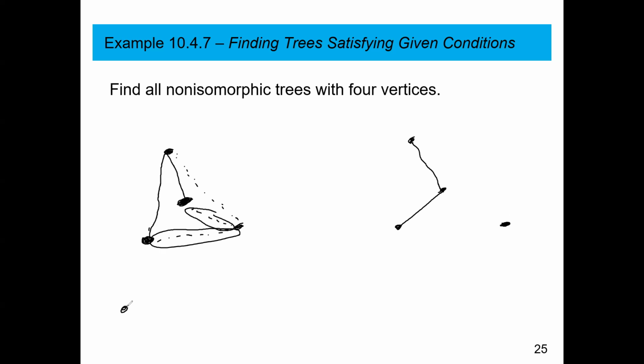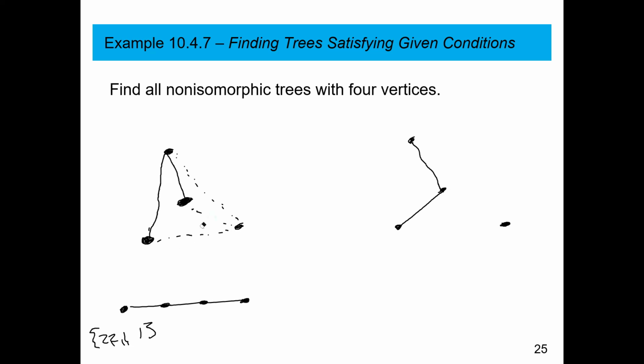Because if they're unlabeled, this whole graph isomorphism idea, they're just going to be a perfect path of vertices. And that gives me the degree sequence, notice, of 1, 2, 2, 1.